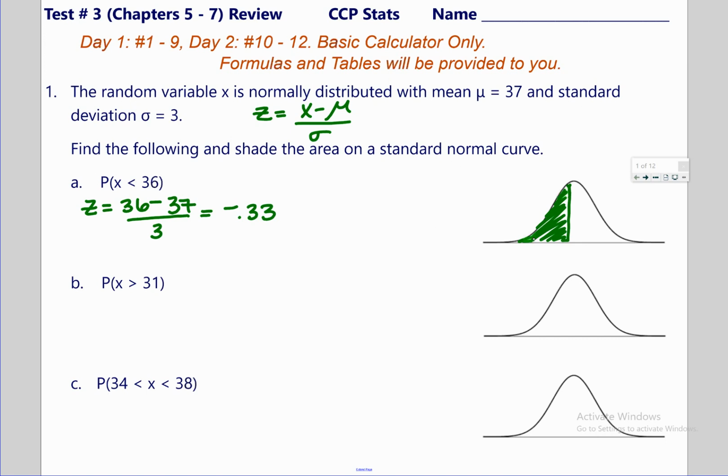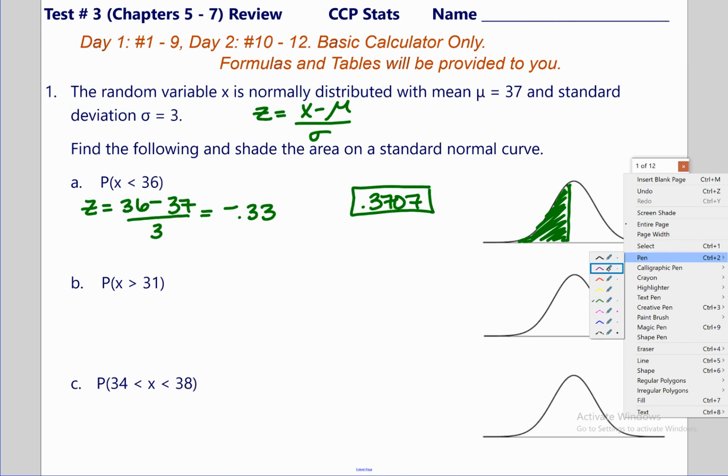Yours is pink for your z-score chart. Negative 0.33, you should see 0.3707, the area to the left of that z-score. Everybody find that okay? Okay, so the next couple problems are just extra practice with that.